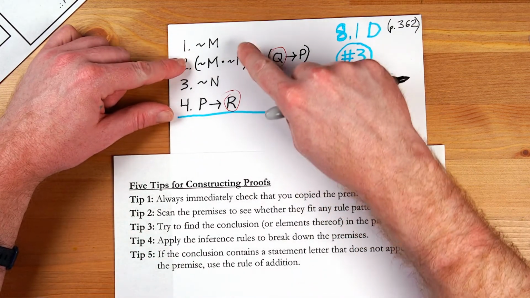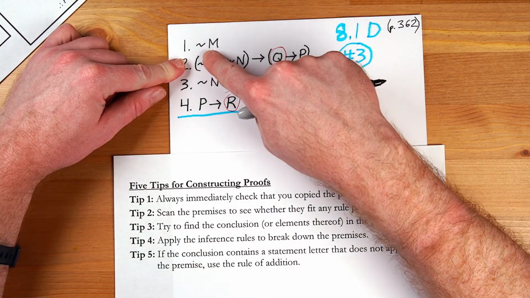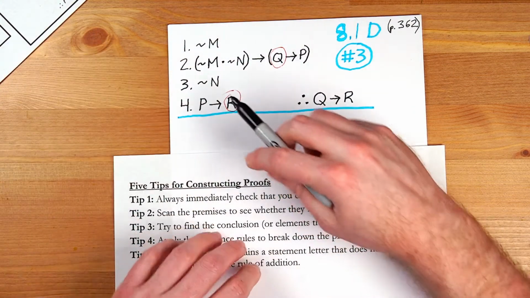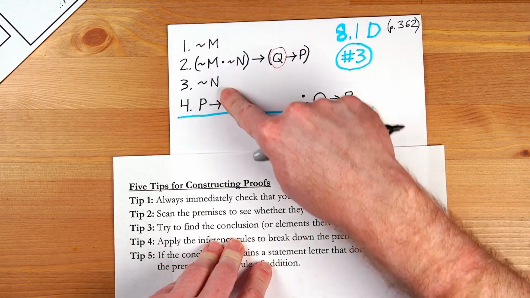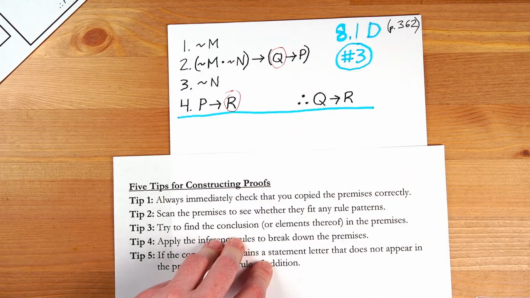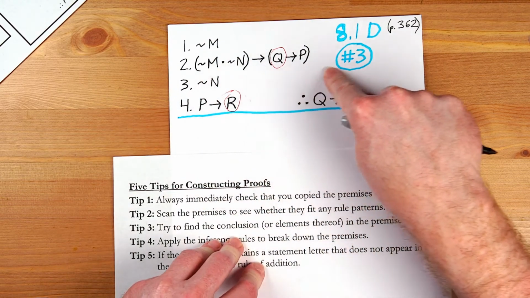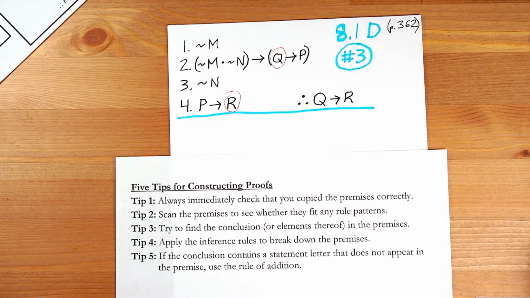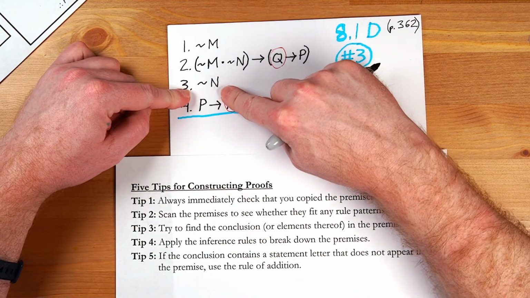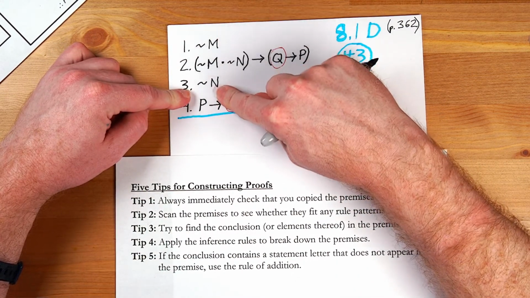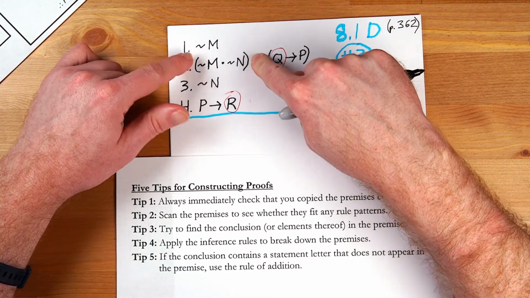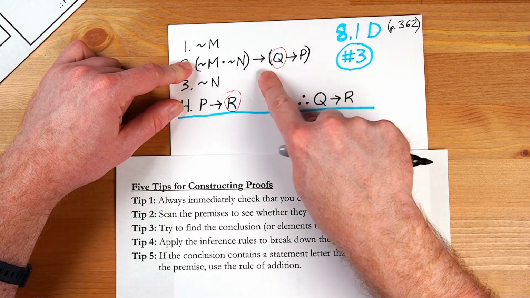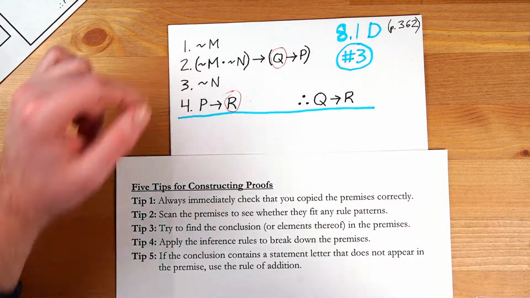I notice we have not M in 2 places, and we also have not N. We have them individually by themselves, and then we have them in a conjunction that is part of this big conditional. And if we can get them together, which is pretty simple, we could just do conjunction, then we could have them together in a conjunction and do modus ponens to get if Q then P.